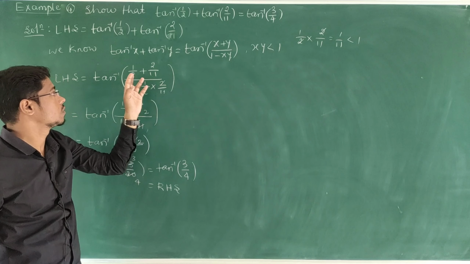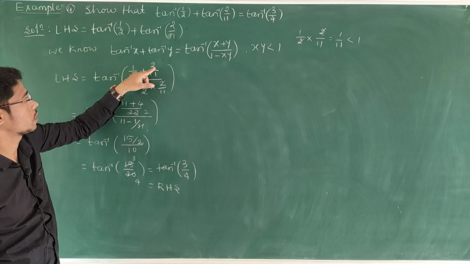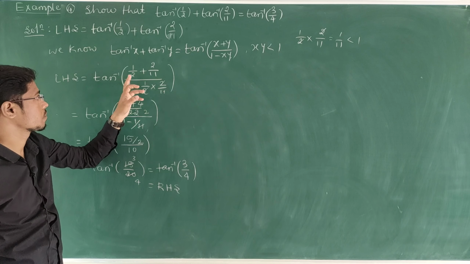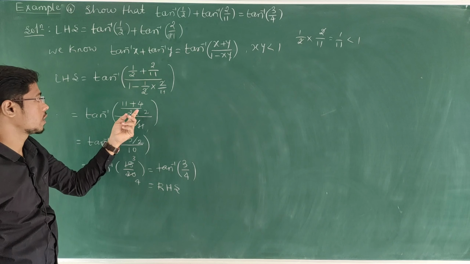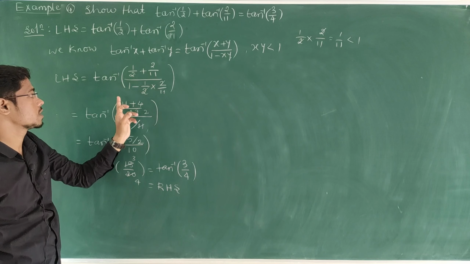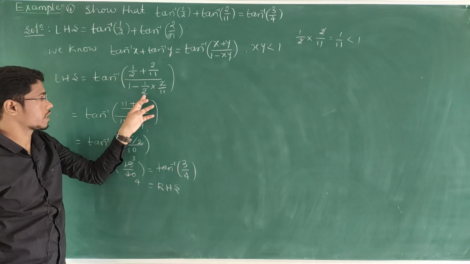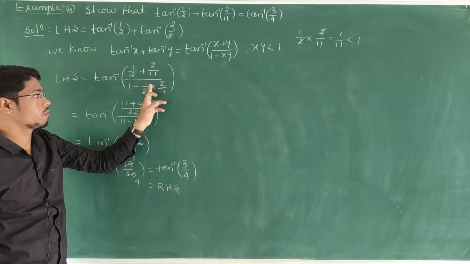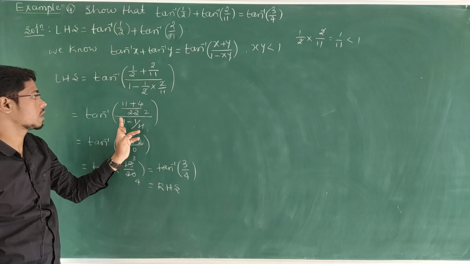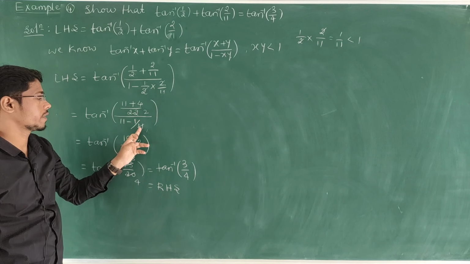So applying the formula, x plus y divided by 1 minus xy: 2 into 11, 22 is the LCM, 11 into 1 is 11, 2 into 2 is 4. Next, 2 gets cancelled, 1 by 11 remains, 11 into 1 is 11 minus 1, divided by 11.